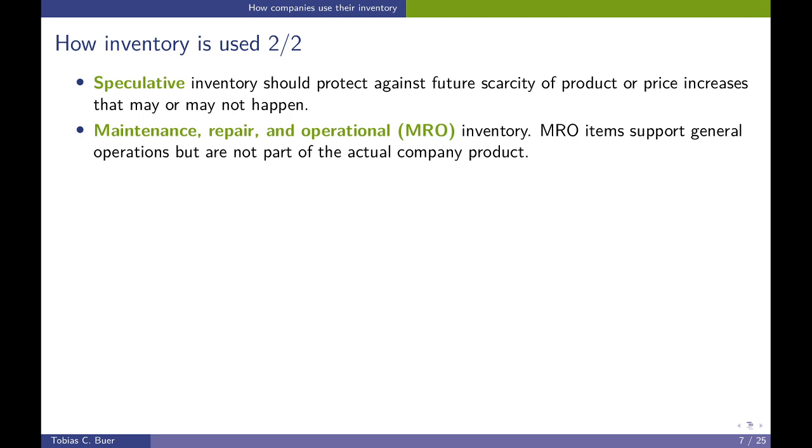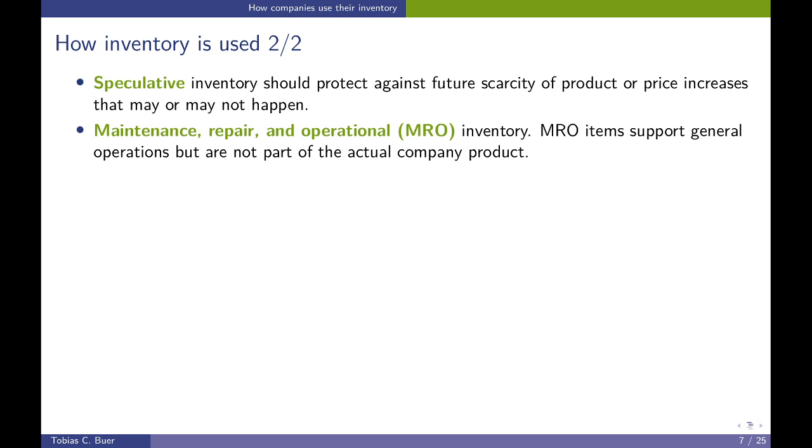We have a speculative inventory. Speculative inventory should protect us against future scarcity or more general future price changes of the product. And you see this typically in the oil and gas industry, where there is a big fluctuation in the prices, and some companies buy oil when they think it's cheap and in the future the price will rise.